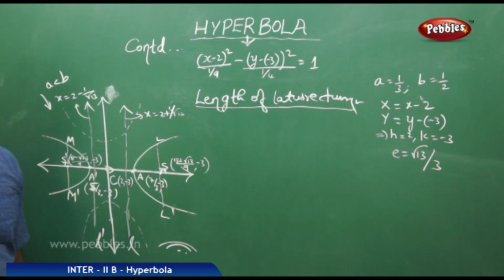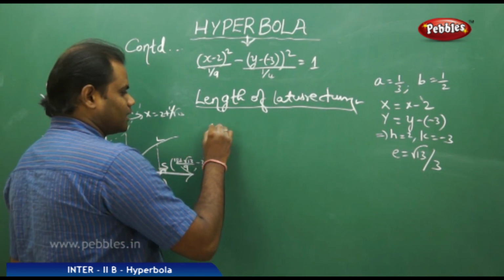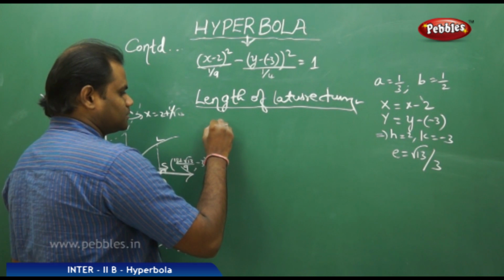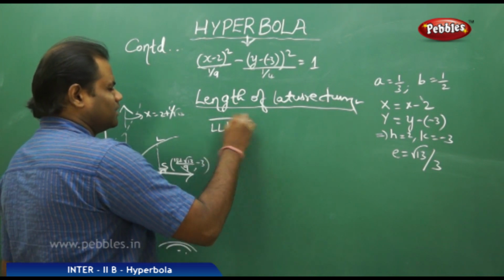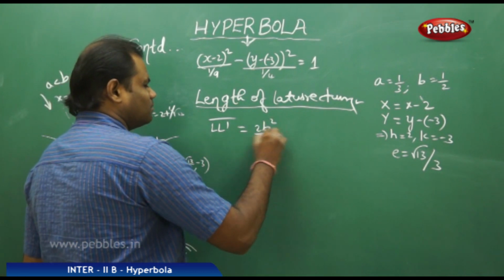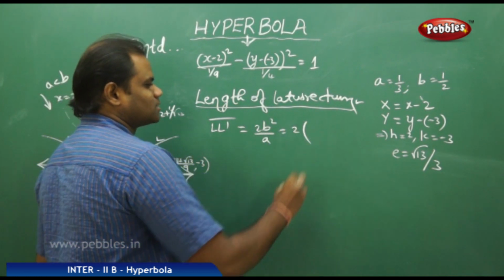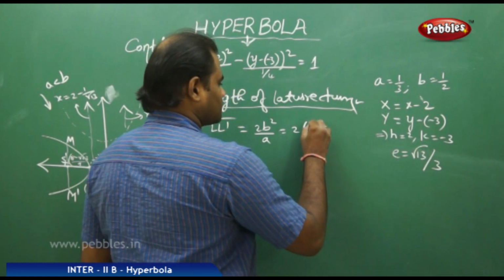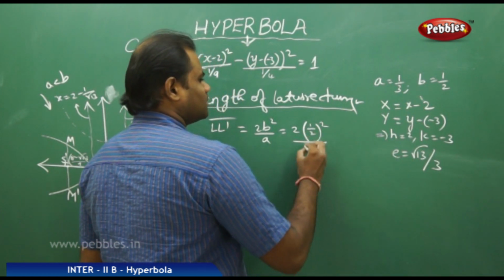So there are two latera recta, LL dash and MM dash. The length LL dash is given by the formula 2b square by a, that is 2 times b square by a.